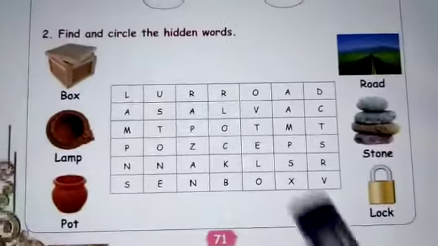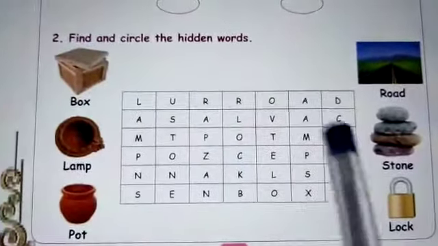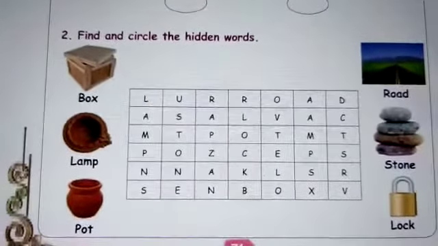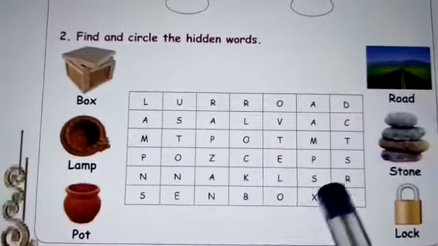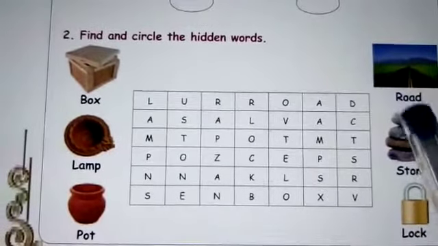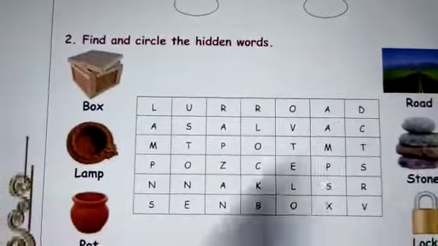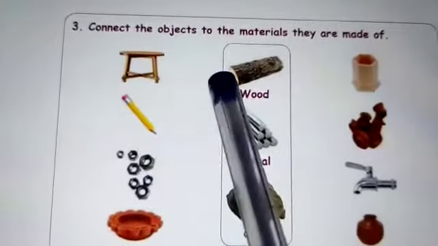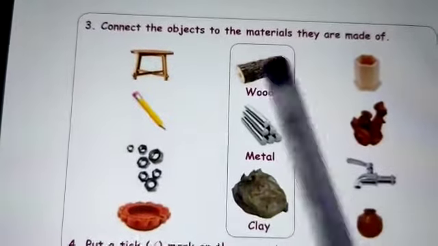Find and circle the hidden words. Box. Box is hidden somewhere in these letters. See, BOX. Here, BOX. You circle this box. Likewise, you find lamp, pot, road, stone and lock in the letters box. Okay, children? Connect the objects to the materials they are made of. See, wood. Which are the things made of wood?